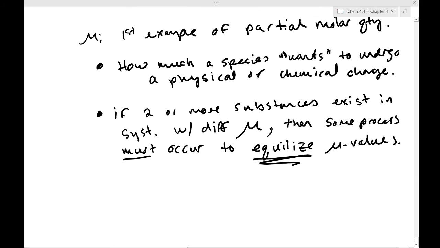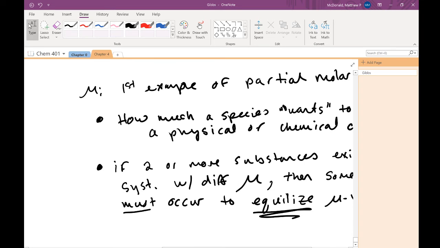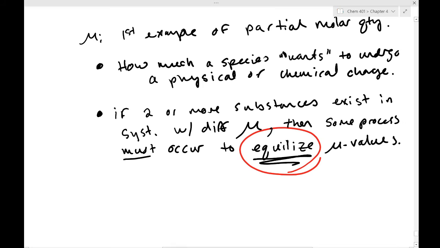Now, this should start ringing some bells in your mind. Actually, next chapter, we're going to deal almost exclusively with this. When you start to see things like it will equalize and some process will occur, you should really start thinking in your head equilibria.